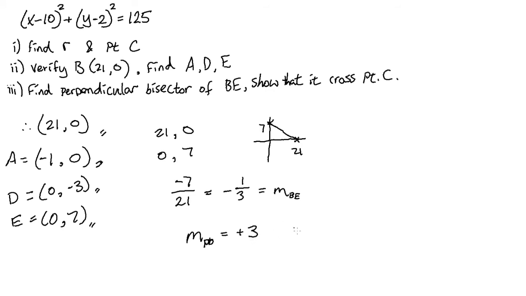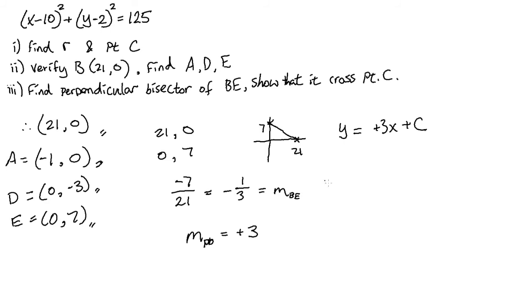And so because it is a straight line equation, we can fill in y = 3x + c. Now we want to find the midpoint of BE in order to see if this equation crosses point C.